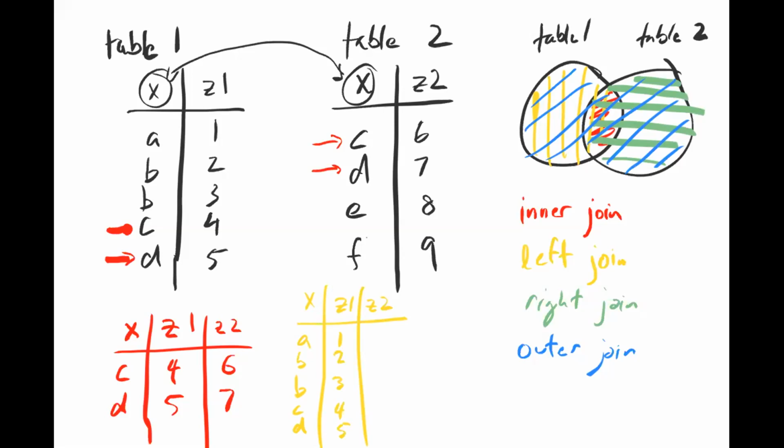In the C and D, where it does intersect, we'll have a 6 and a 7. But there are no corresponding values for the rest of it, right? And so here, these are just going to be NA.